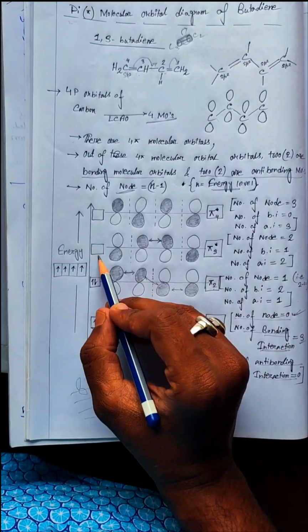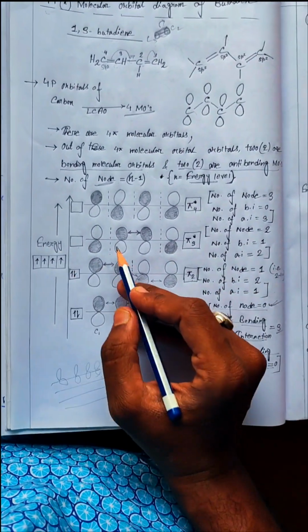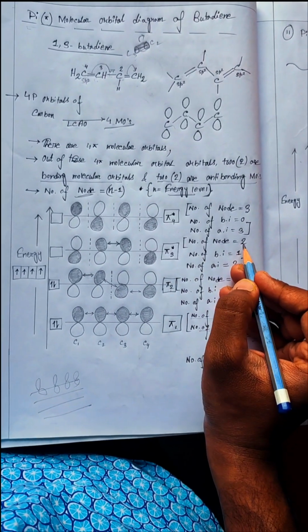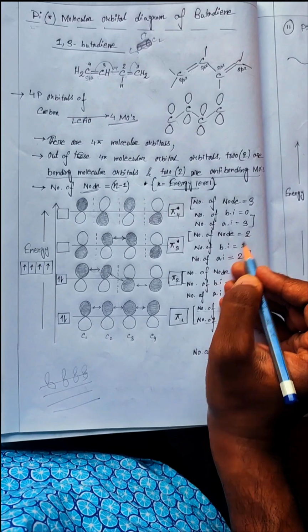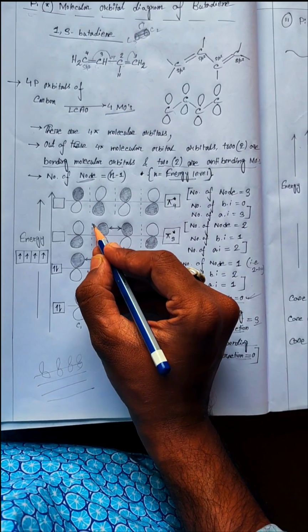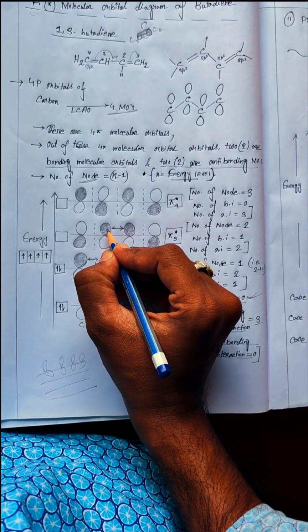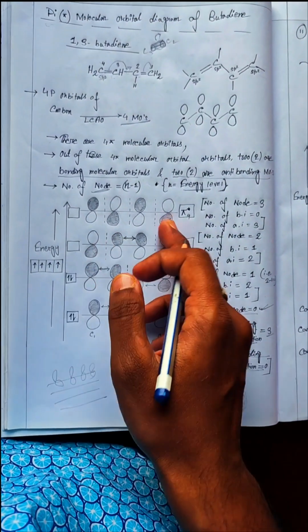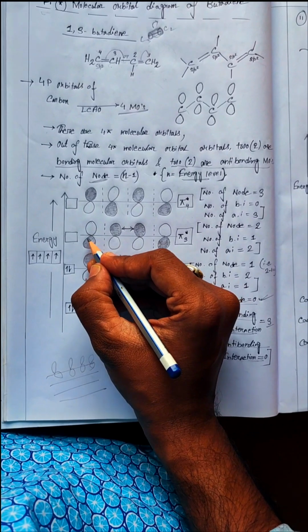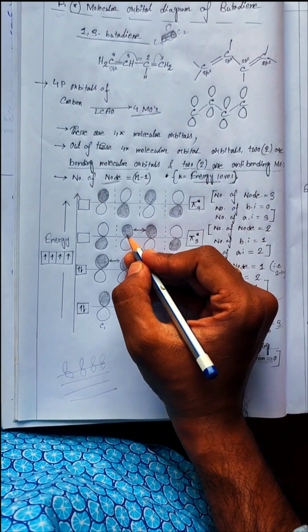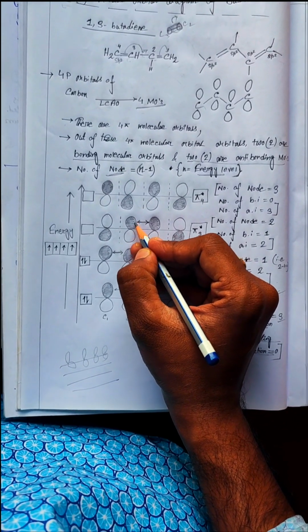Now come to psi 3 or pi 3 star. Here you have to draw this way. The number of nodes should be 2. So here you have to draw 2 dotted lines, one dotted line and two dotted lines. Here one shaded part and there one shaded part. You have to draw the shaded parts alternately. That is, if you draw the shaded part below the p orbital here, then in the next part you have to draw the shaded part above the p orbital.